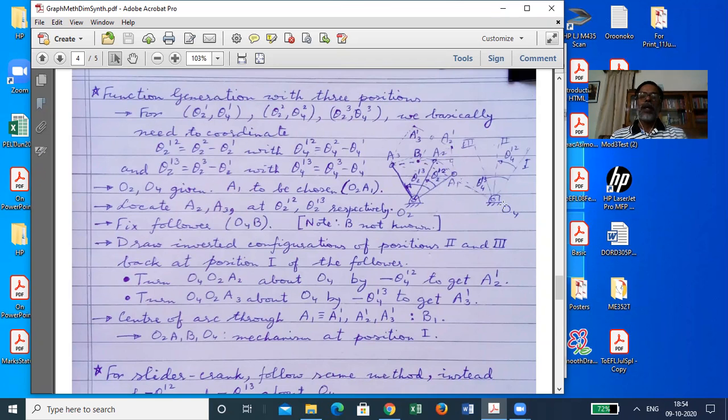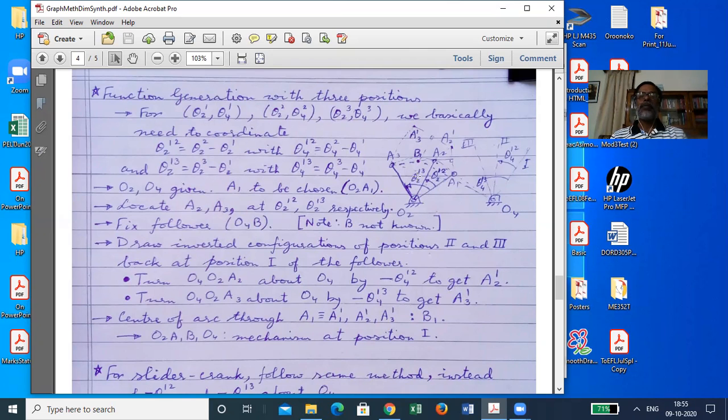So O4, A2, you turn by what? You see, you are taking it back here. So you have to go minus theta 4,1,2. So turn O4, O2, A2, basically O4, A2, about O4 by minus theta 4,1,2 to get A2,1. That is the second position of A, inverted to the first position. Similarly, O4, O2, A3, you turn about O4, because the follower has to be fixed, by this entire angle minus theta 4,1,3 to get A3,1.